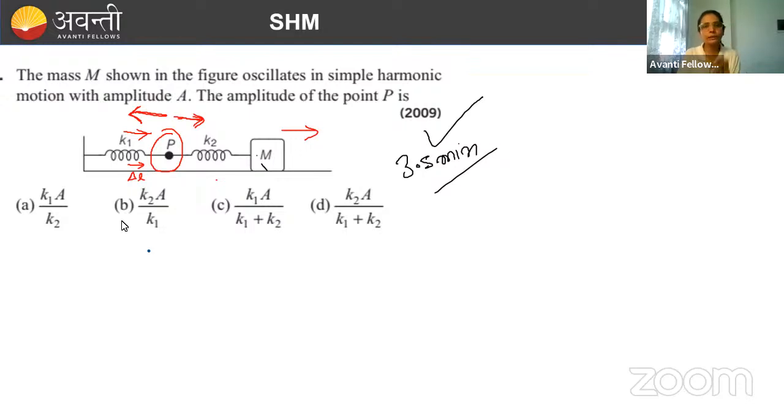Now you need to see what maximum displacement the K1 spring can have if the maximum displacement by mass M is A. That is given in the question now. The amplitude of this SHM is A. It means this mass M can move maximum up to distance A. And that A will get divided between K1 and K2, right? Suppose K1 is getting extended by X1, K2 by X2, such that X1 plus X2 will be A. Clear? Now let me know the answer.